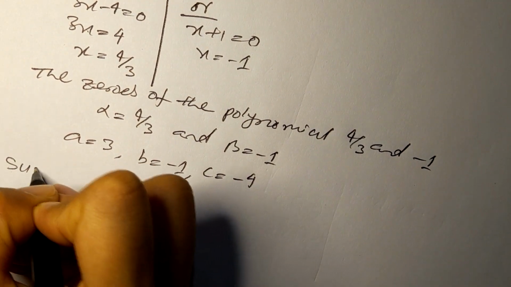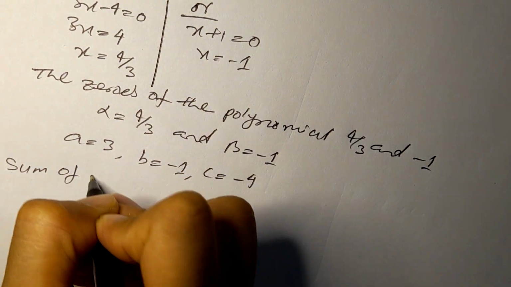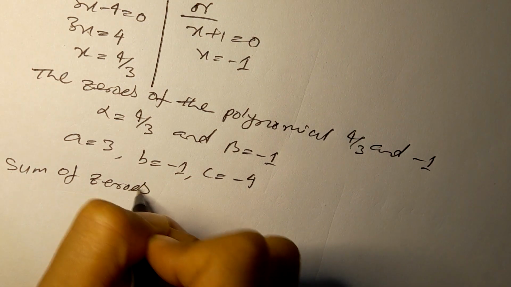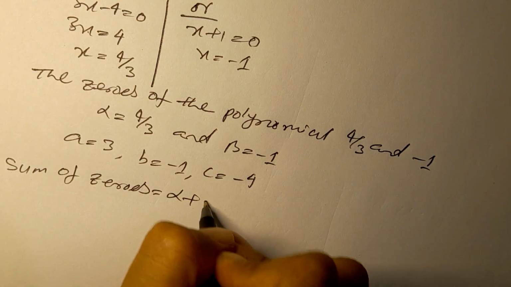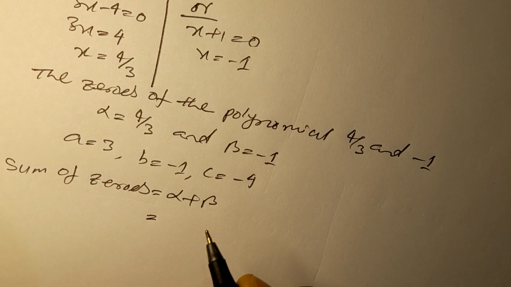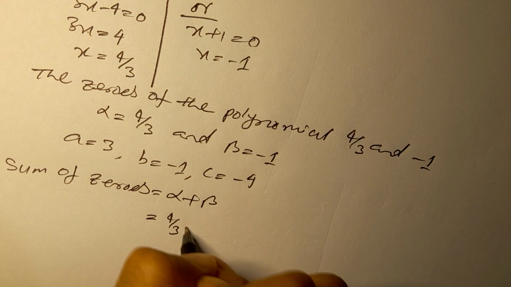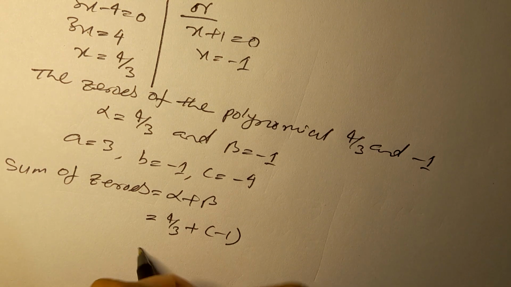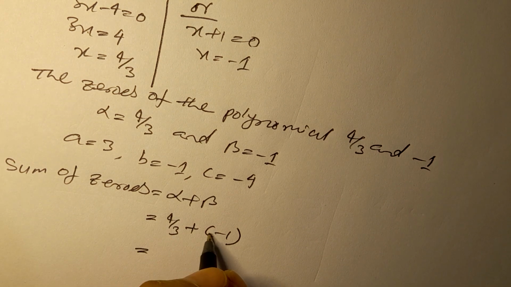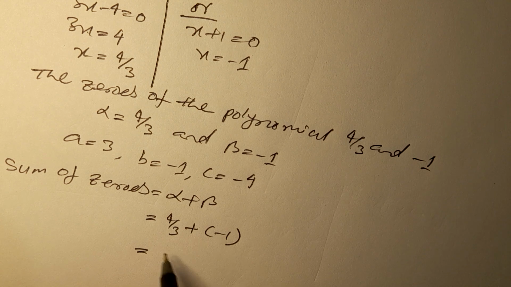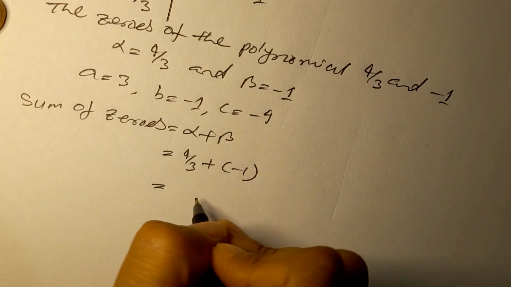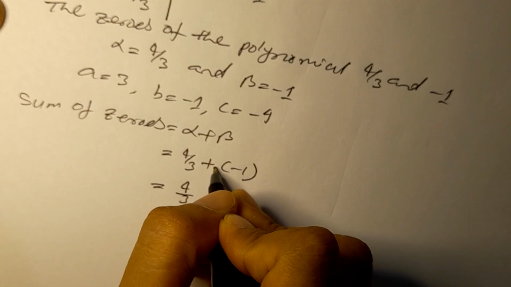Sum of zeros, that is, sum means addition, alpha plus beta. Alpha how much? 4 by 3 plus beta how much? Minus 1. So remove the bracket, so it will be 4 by 3, plus into minus, minus 1.